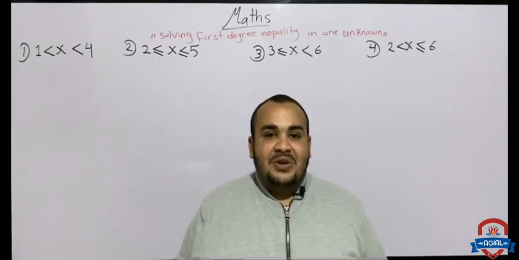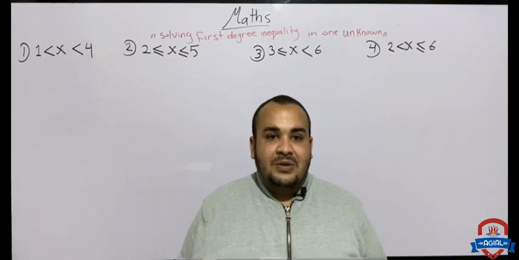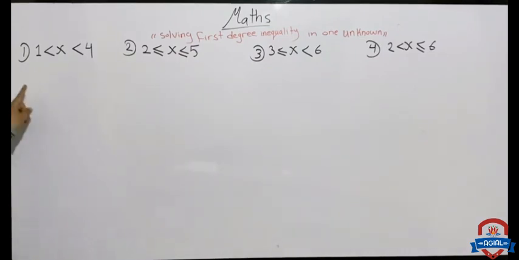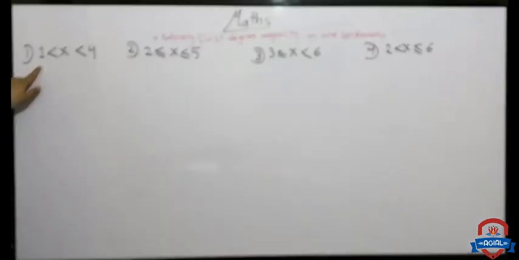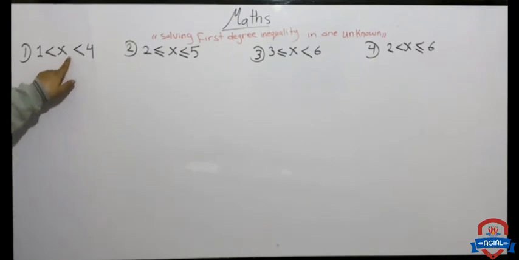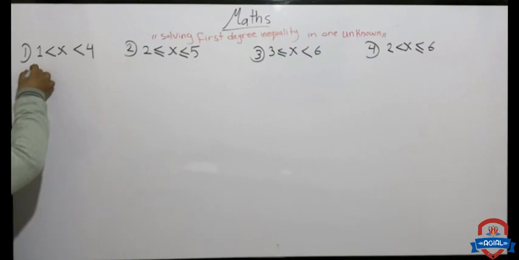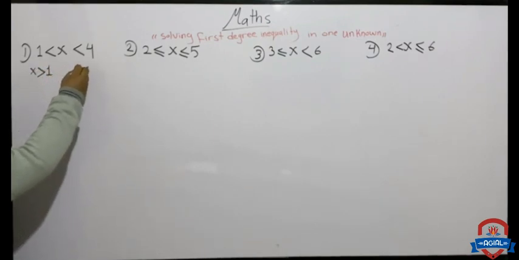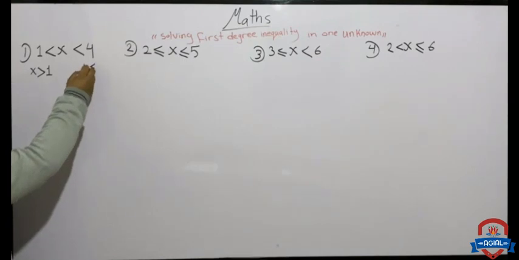And now let's start with the second part of our lesson, the value of x between two integer numbers. The value of x can be written between two integer numbers in one of these forms. Number 1, x greater than 1 and less than 4.